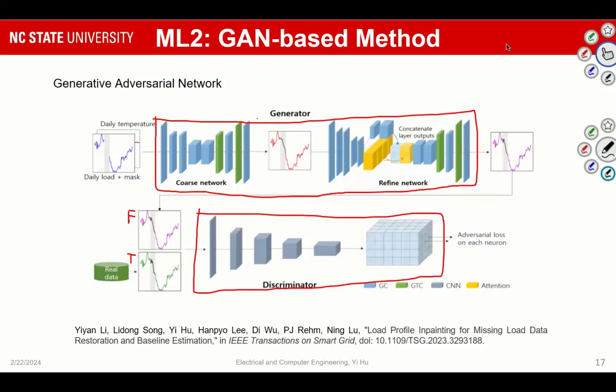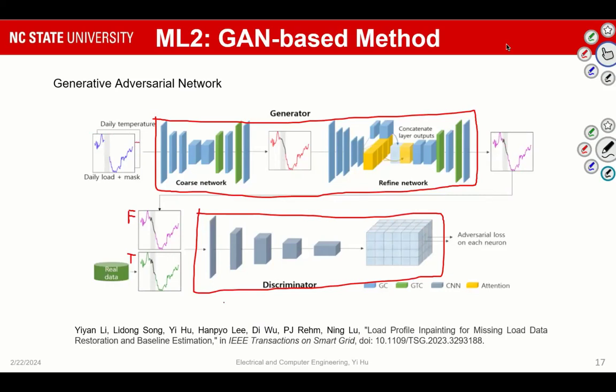For the cost function design, I'm not going to show it here. It may take too much time for that part. So, how we apply it: the input of the generator is the node profile with a missing part, and the output is the generated restored profile.